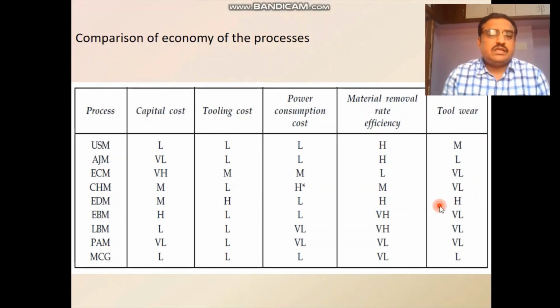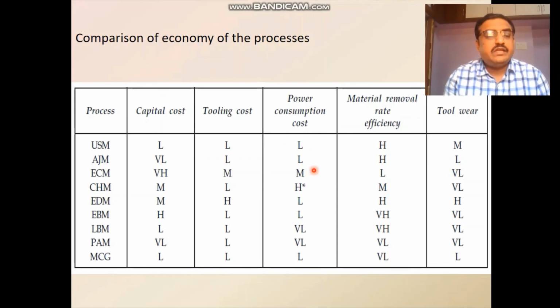Also, there is a comparison of the economy of the processes. Initial capital investment is very high with ECM, high with EBM, and very low with USM or abrasive jet machining. Tooling cost is also low in USM and AJM, whereas high in the EDM process. Power consumption is low in USM and AJM, whereas high in ECM.